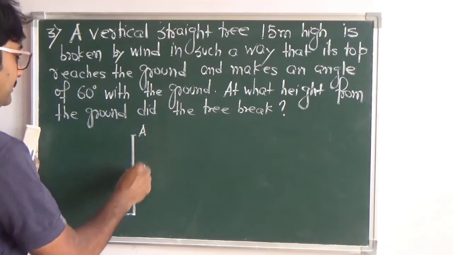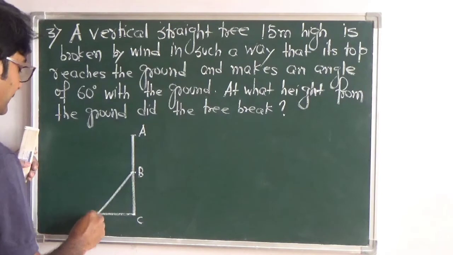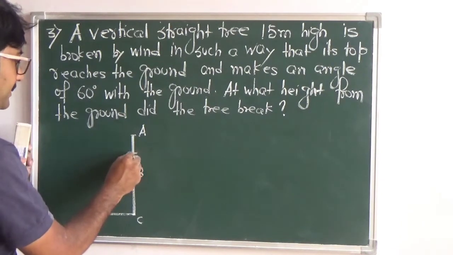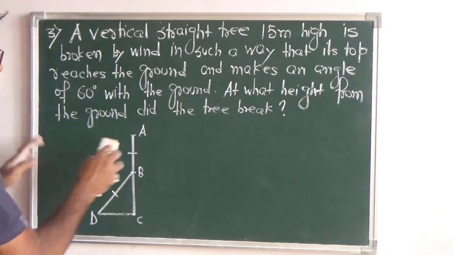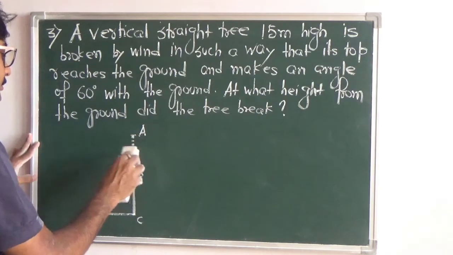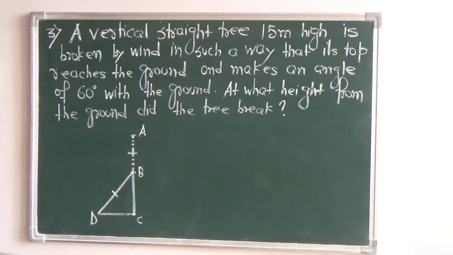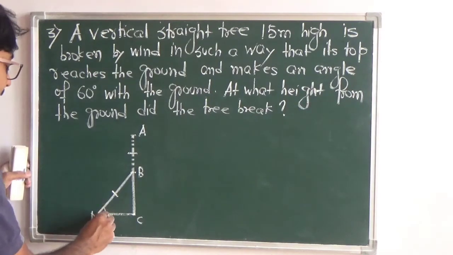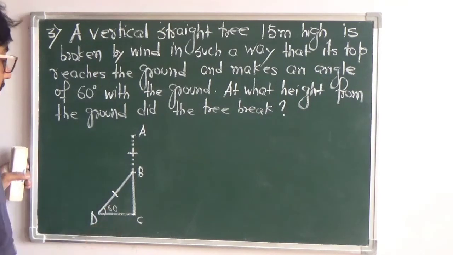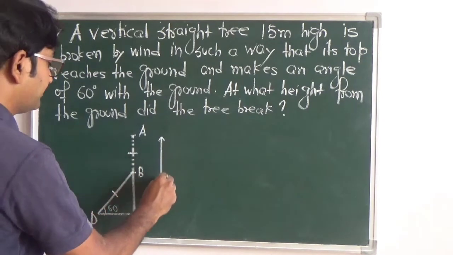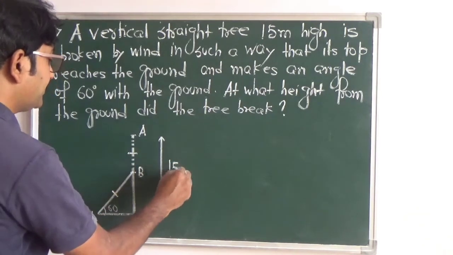If it is A, this is B, this is C, and this is D. That means the part AB and BD are equal. This is the part I am marking with a dotted line, which is broken, and it touches the ground at the point D. And this makes an angle of 60 degrees. This total height is 15 meters.